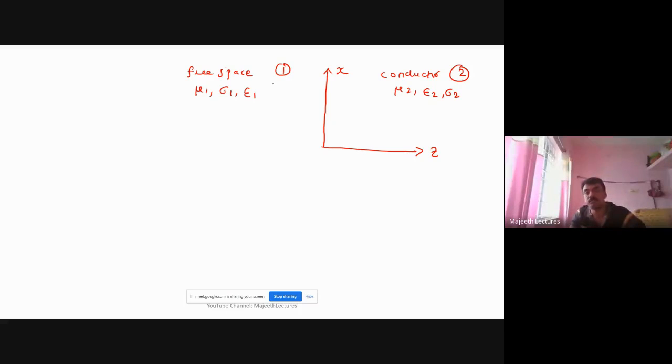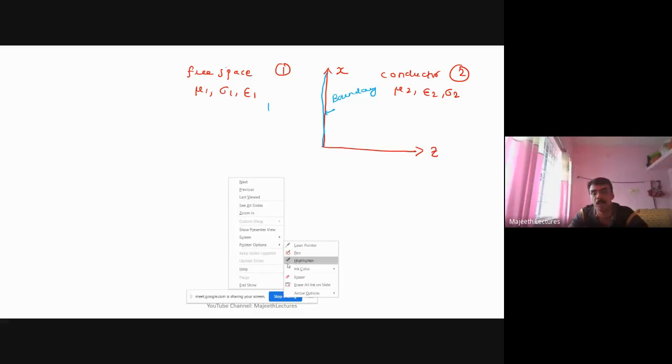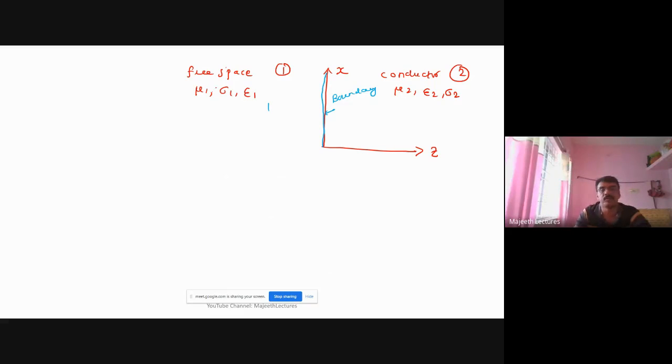This is the boundary between the two media. Medium 1 has intrinsic impedance eta 1; in free space we know it is 377 ohm. Medium 2 has eta 2; we don't know that value yet. The wave comes from here.